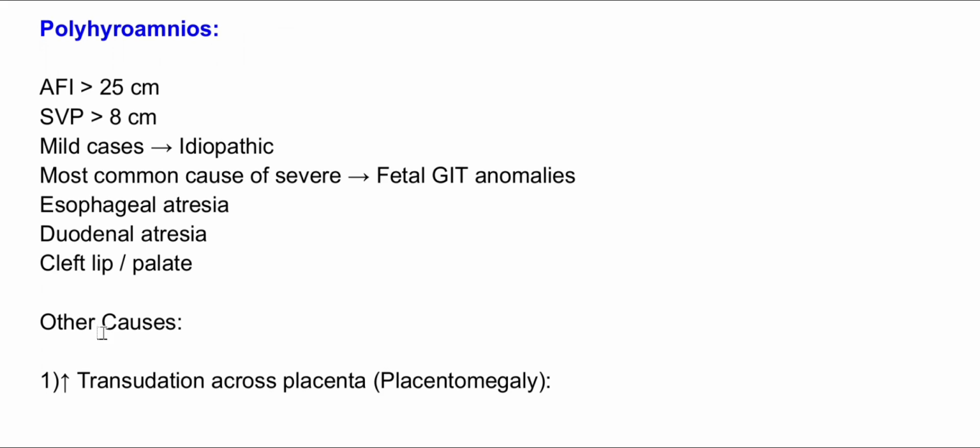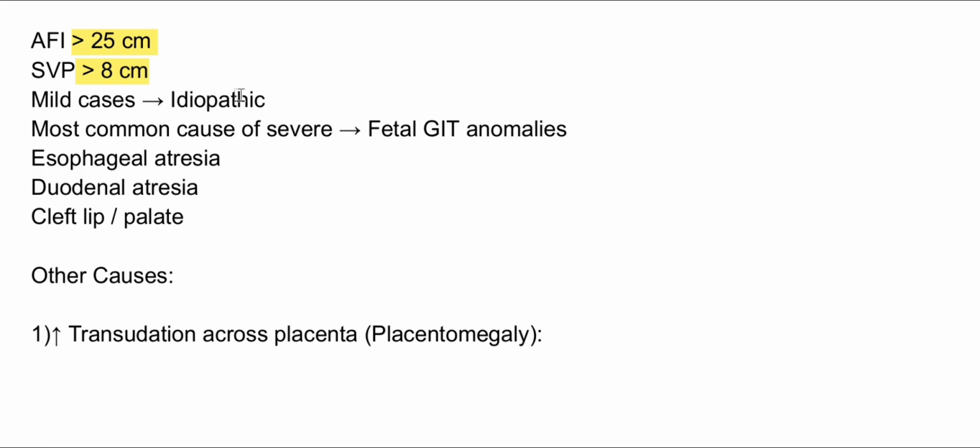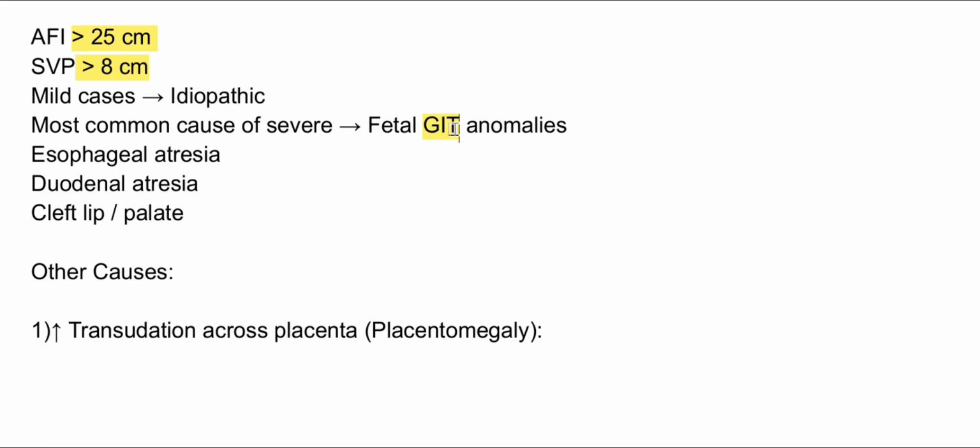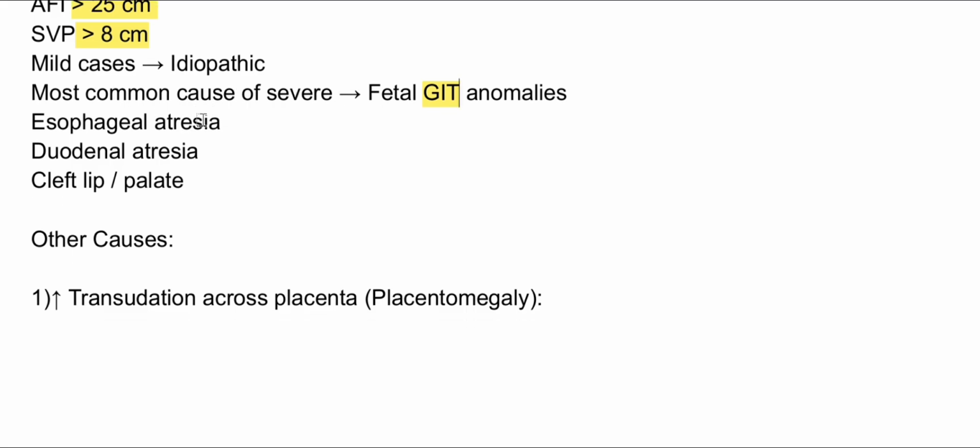Next comes polyhydramnios. In polyhydramnios AFI will be more than 24 cm, as the upper limit of AFI is 24 cm. SVP will be more than 8 cm. Mild cases are idiopathic, whereas in severe cases fetal GIT anomalies can be seen like esophageal atresia, duodenal atresia, cleft lip and palate.